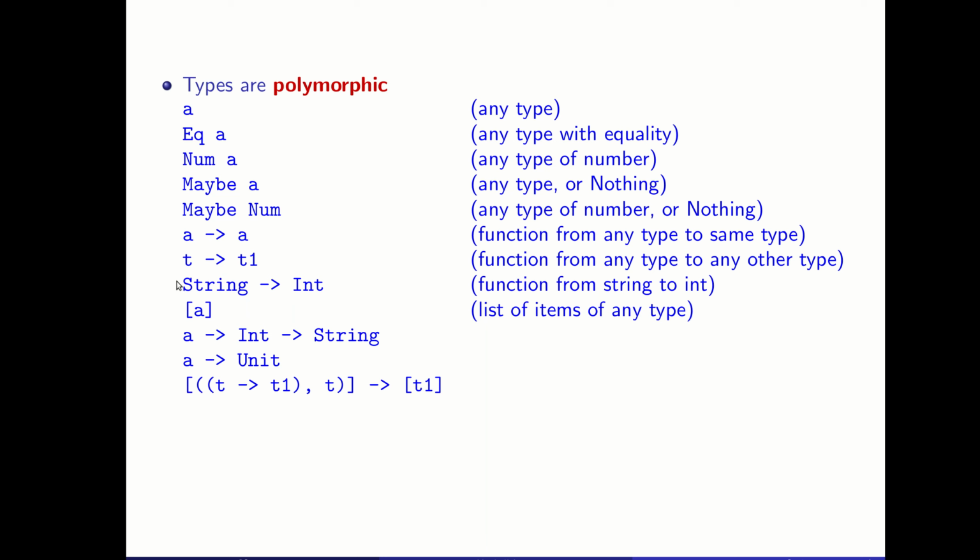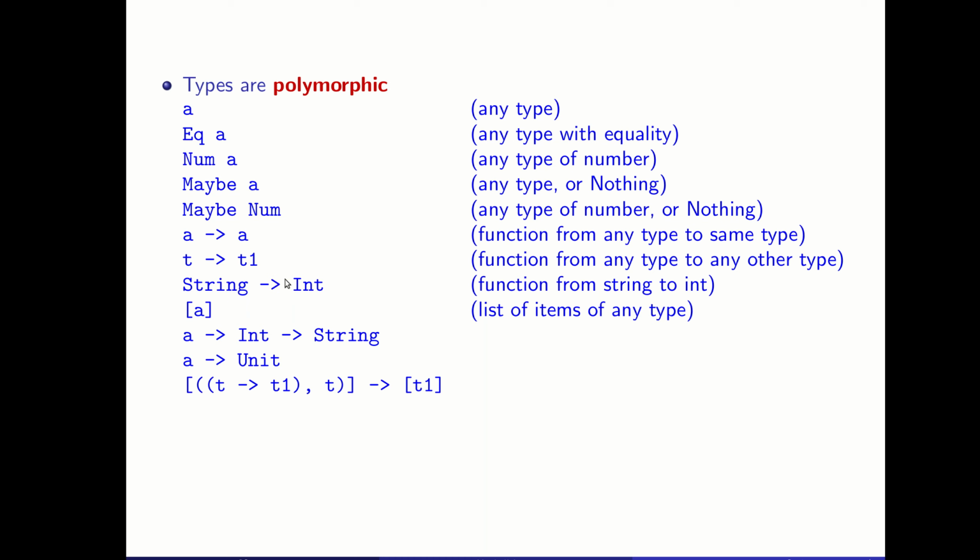And so here's one that takes a string as input and gives an integer as output. It's worth noting that strings in Haskell are equivalent to lists of characters, but both names will work. So this takes a string as input and an integer as output, and it's some function. It's the type of some function.